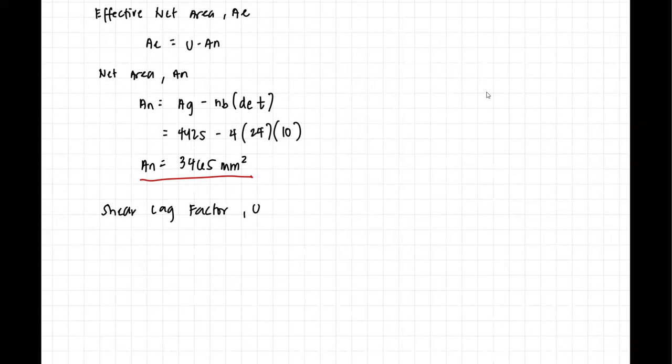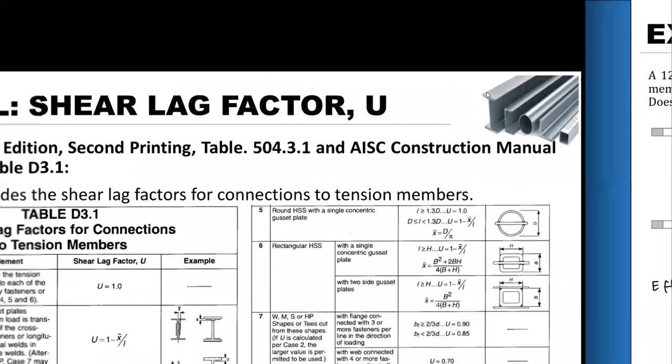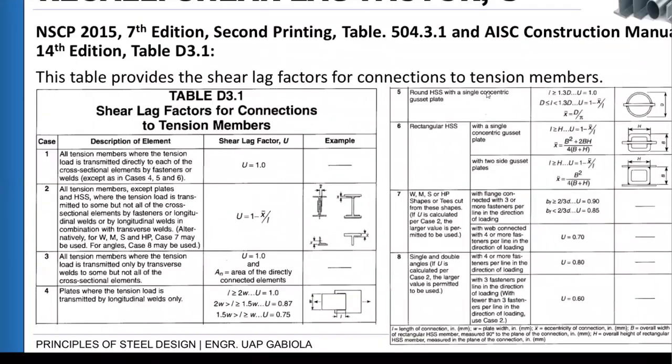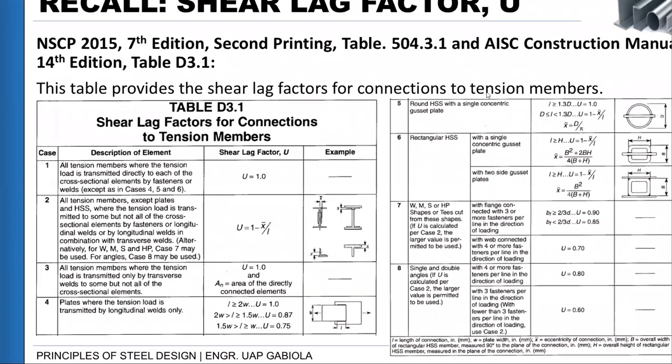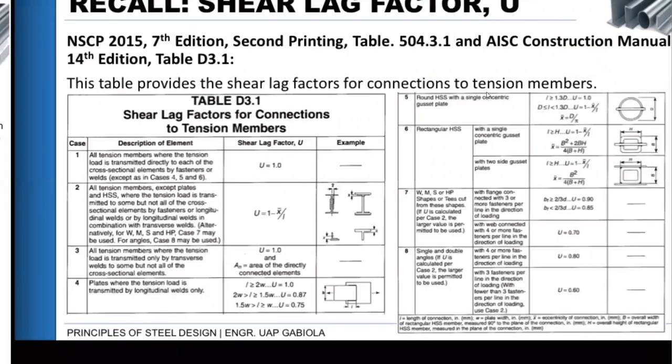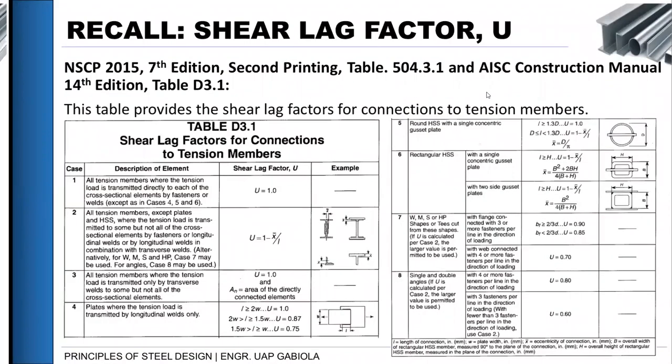For our shear lag factor, we need to go back to table D3-1 and look for the cases that will satisfy. As mentioned in the previous lecture, for case one, we need all elements to be connected by bolts. But in our condition, it's only the flange. Therefore, case one will not be justified, but we will accept case number two.